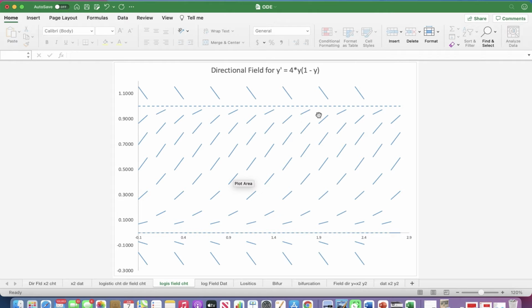I did it by hand on the Adobe Sketch, but that wasn't as nice and neat as what comes out of Excel. If you use Excel, this is pretty cool stuff. You can do it yourself.